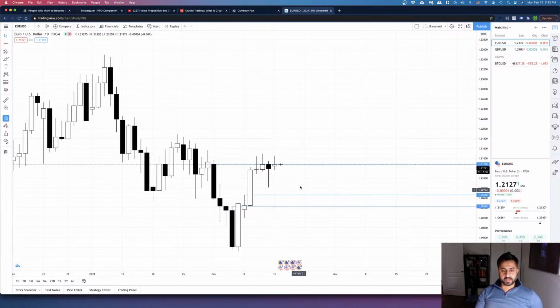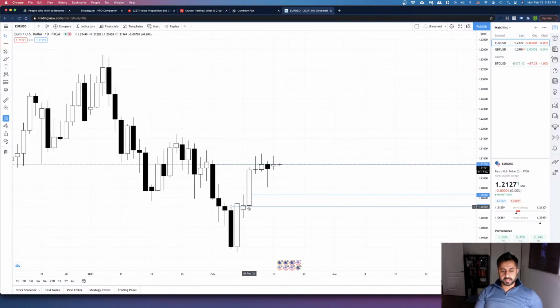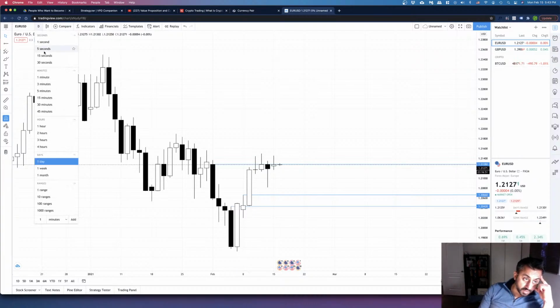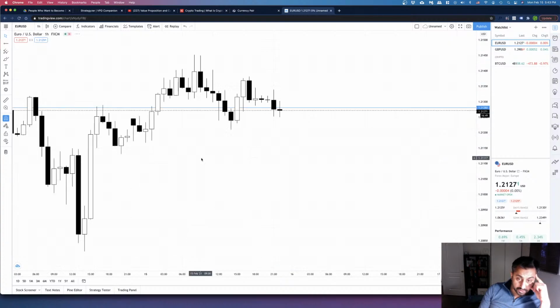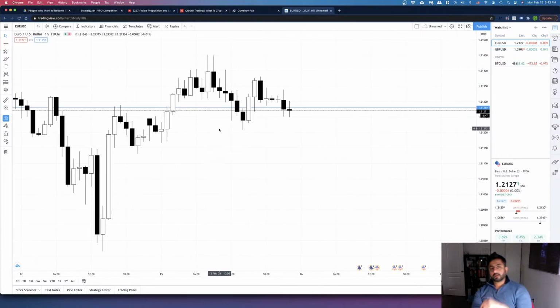But that's just my idea behind why I'm trading the way I'm trading. Obviously, there was a massive bullish run. Overall, the market looks a little bullish, but in the meantime, we have a small opportunity to trade short. So let's go to the 1 hour chart.